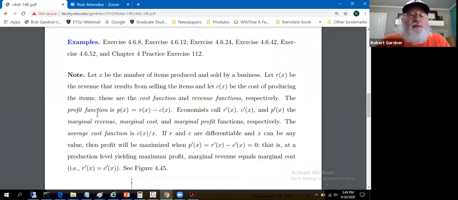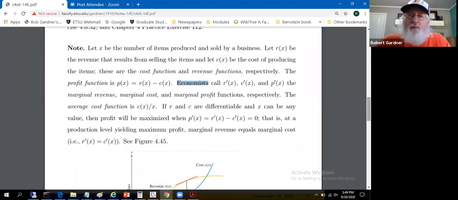The profit function, profit is revenue minus cost, makes sense, the amount of money you bring in minus the amount of money you spent to produce. Economics is actually fairly involved math-wise, but economists call the derivatives of these functions the marginal revenue, cost, and profit, respectively.